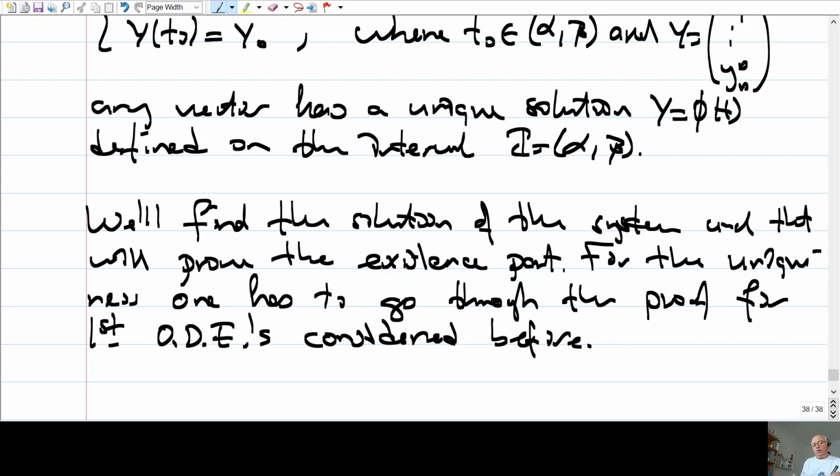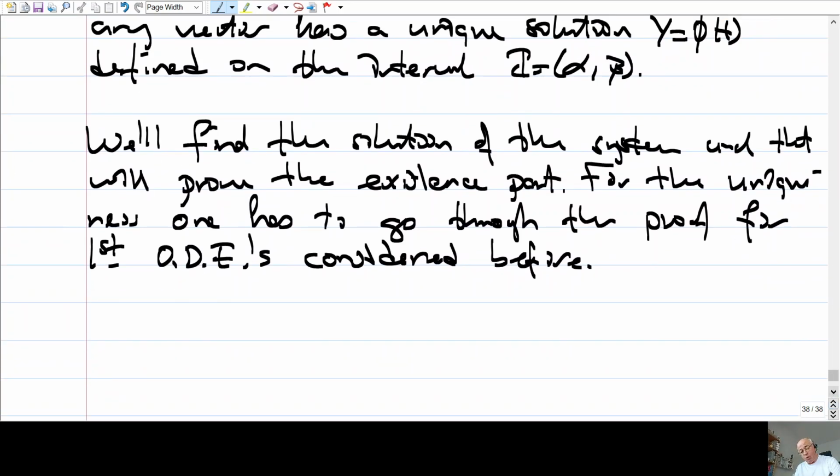Yani uniqueness parti içinse daha önce sizde bahsettiğim o existence uniqueness teoremine gitmek lazım. Orada ordinary differential equation'lar için yapılmıştı o ispat. Ama aslında bunun için de geçerli.